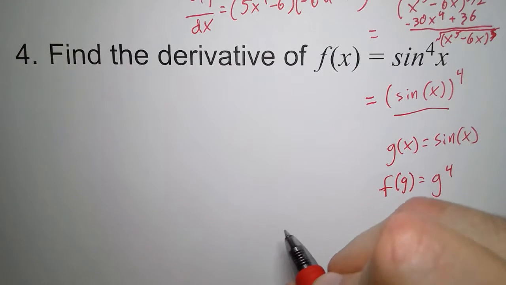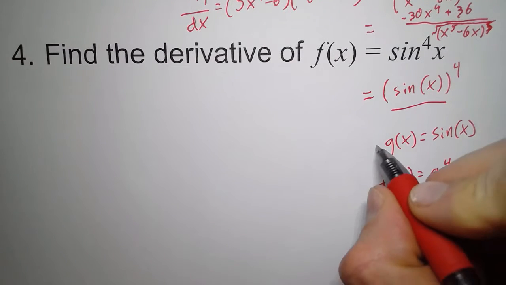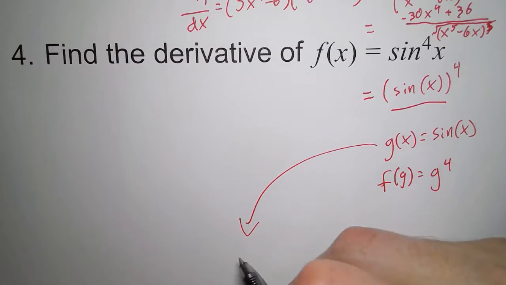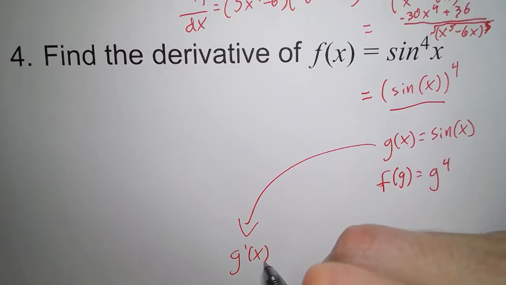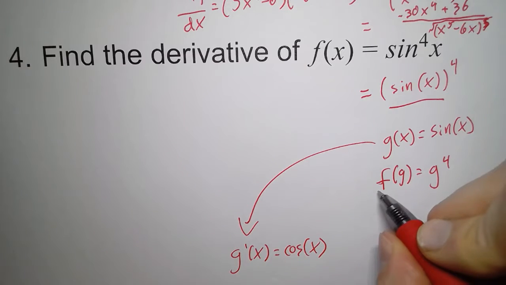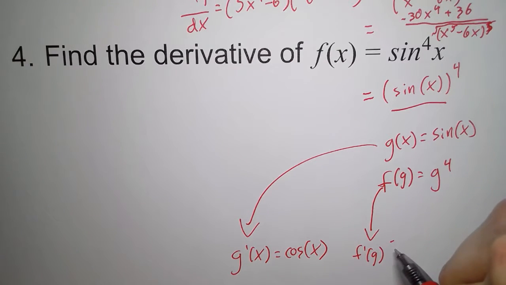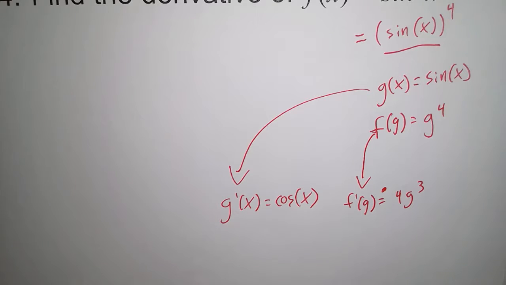So our two derivatives, they are going to be over here, g prime of x equals cosine of x, and f prime of g, that equals 4g to the 3rd. So using what we've established, we're going to multiply these two.